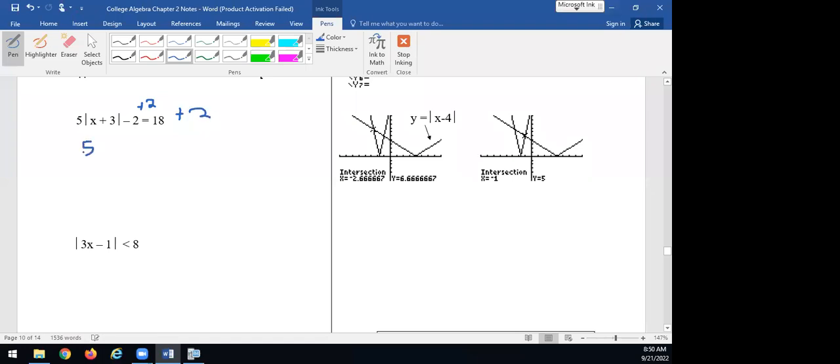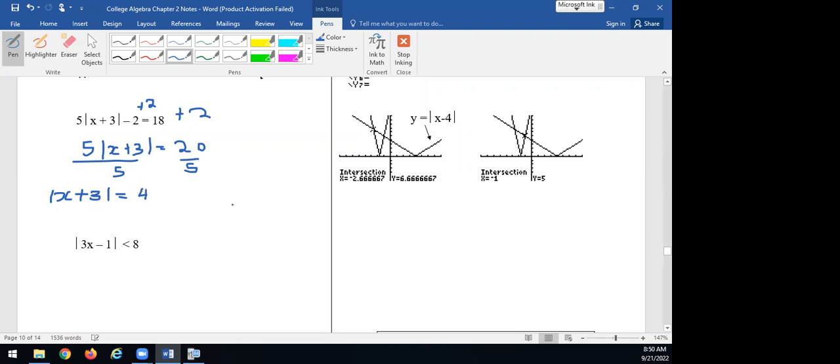So we're going to end up with 5 times the absolute value of x plus 3 equal to 20. Now there's something else we need to get rid of. What is that? The 5. Get rid of the 5 first. So we're going to divide both sides by 5. And so we're going to have absolute value of x plus 3 equal to 4.